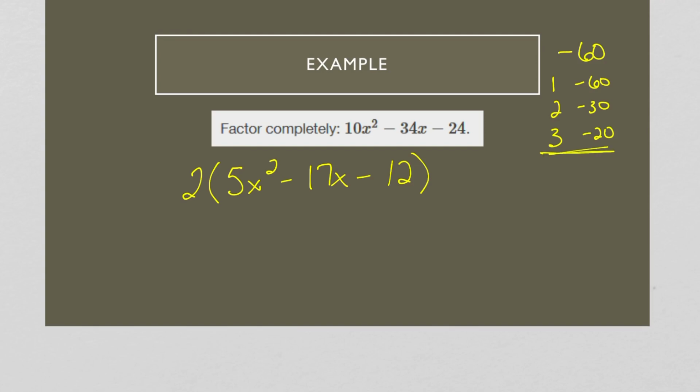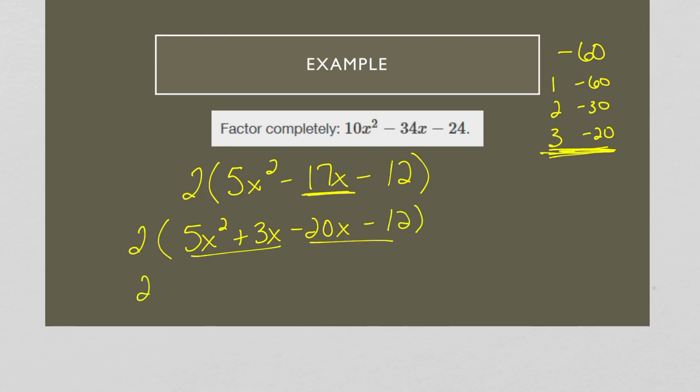All right. So let's rewrite our middle term using 3 and negative 20. So the 2, again, just following us along, the 5x squared, I'm just rewriting. Now, this is what I'm rewriting into these terms. Okay, and now I'm going to factor this by grouping. And let's see here. What can we factor out of these two pieces? It looks like an x.